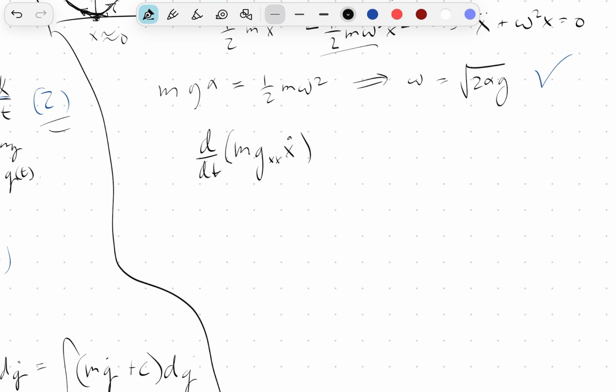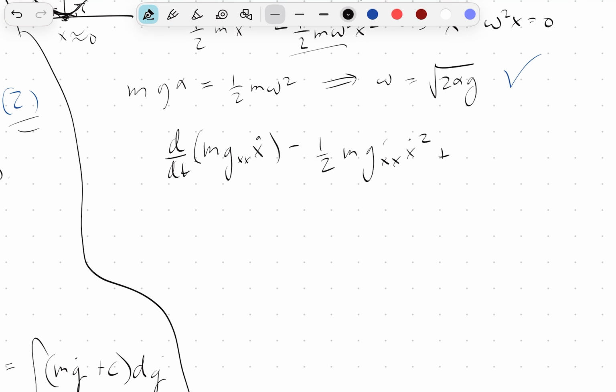Remember, we have a one-dimensional Riemannian metric, times 1/2 m g prime x dot squared plus g prime, and then 2mg alpha x, where prime is the spatial derivative.